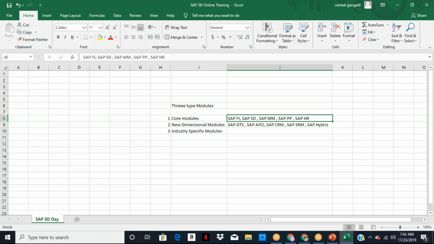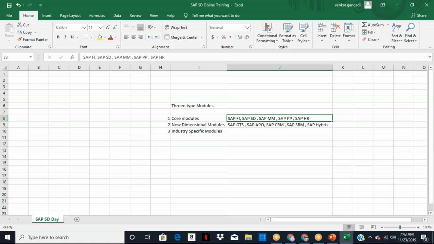If any client is doing import or export, these modules do not have the perfect functionality to support it. They had some functionality like SD foreign trade and MM foreign trade. In SD, we have foreign trade to support the export process. In MM, we have foreign trade to support the import process.